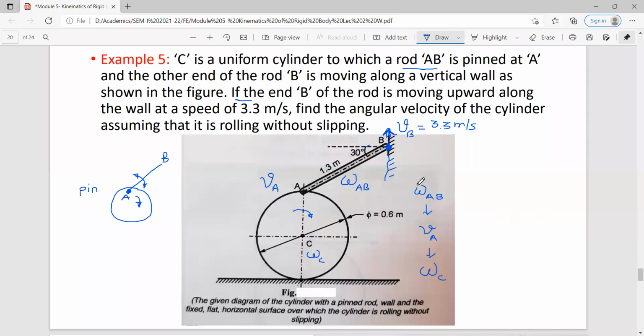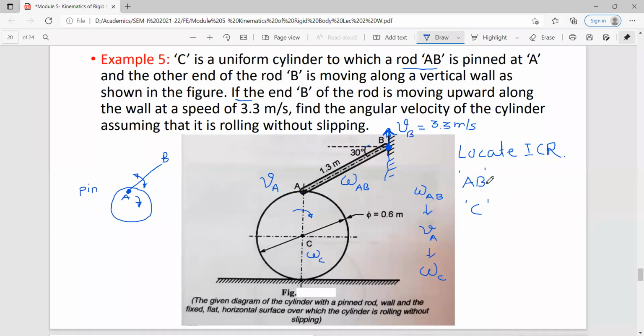For doing all this, first of all we locate the ICRs. The number of ICRs depends on how many objects there are. You can see there are two objects: one is rod AB, and another is the cylinder, that is C.